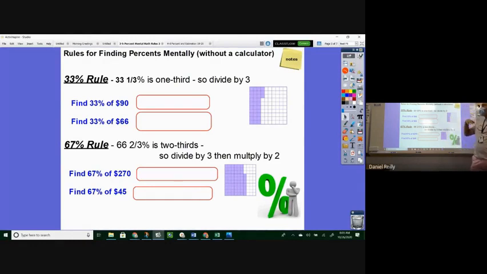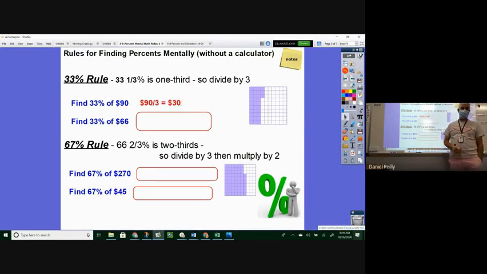So you can find that by dividing the number by 3. 33% of 90 is, what's 90 divided by 3, Colin? 90 divided by 3. 30. 90 divided by 3 is 9 divided by 3, and then just add a 0. 30.